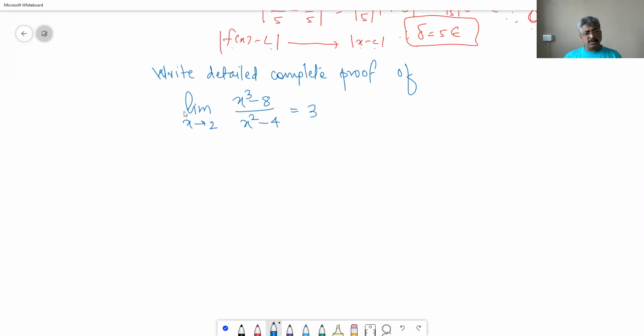Five to 10 minutes, you try to think why this is going to be true and how we can write the complete correct proof of this. First of all, check whether it is correct or not.